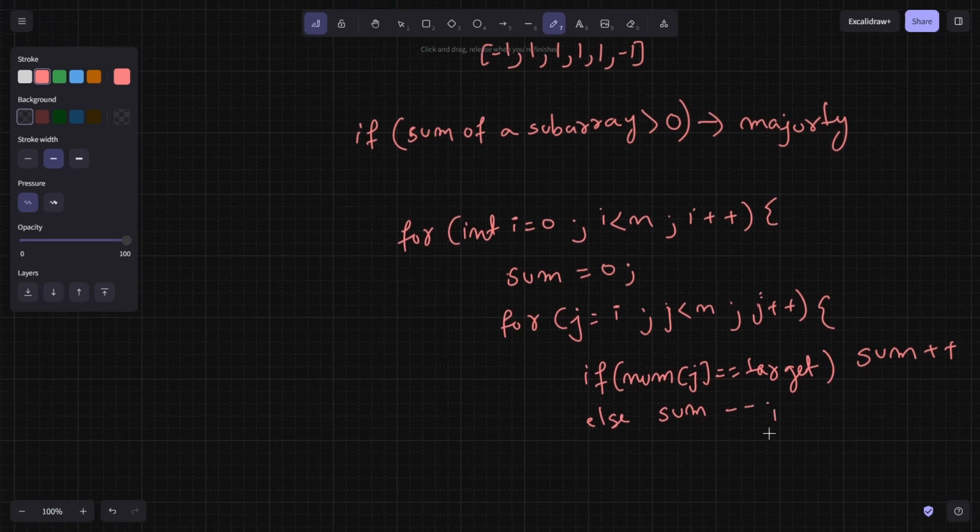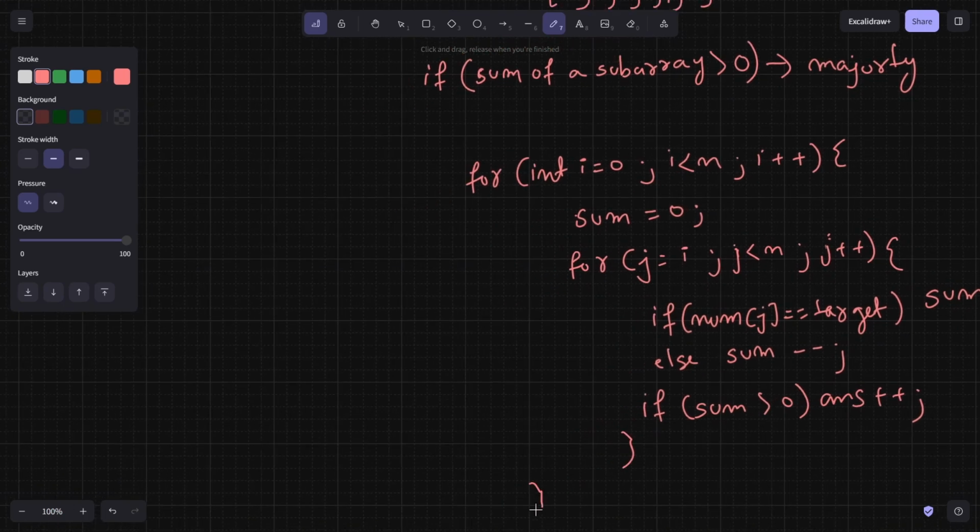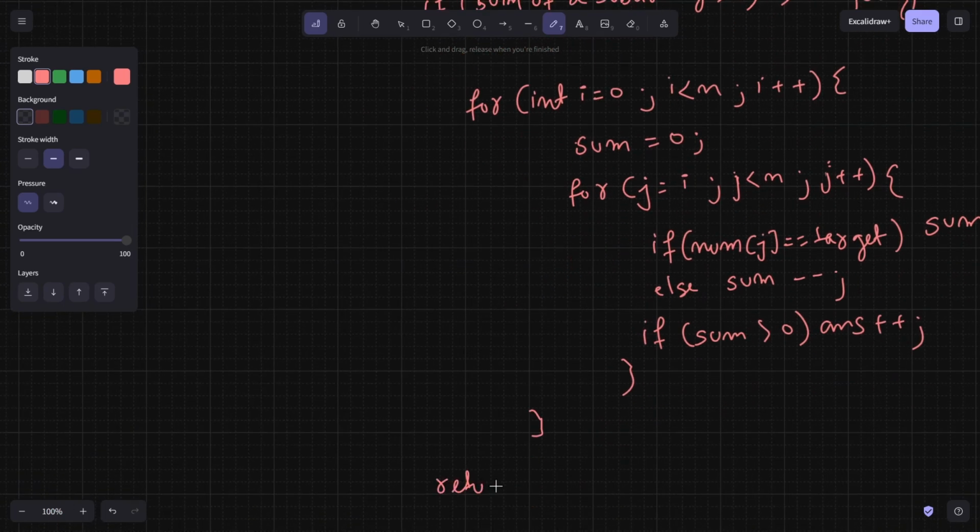And at any point, if sum is greater than 0, we are simply going to count that subarray and store it in the answer. And at last, return our answer.